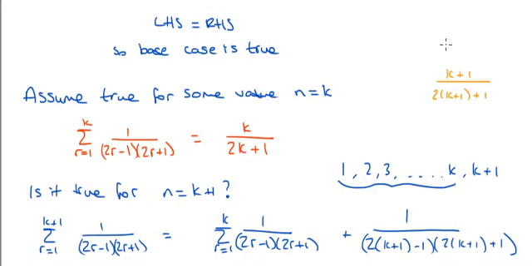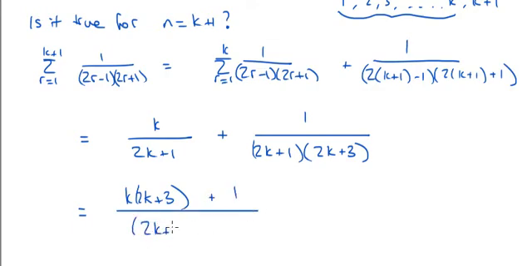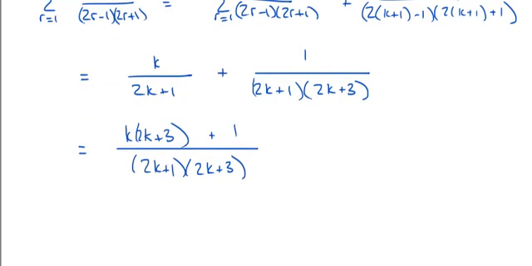So can we make our thing look like that? Well, looks like we're going to need to add the fractions together. So if we've got a 2k plus 1 factor on the bottom, if I times this by 2k plus 3, then we'll get it all over 2k plus 1, 2k plus 3. So this is a quadratic on the bottom.